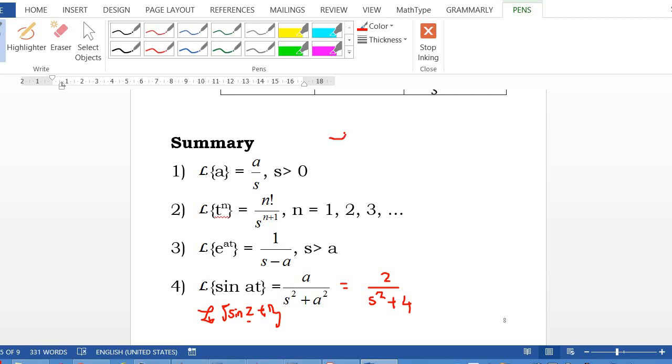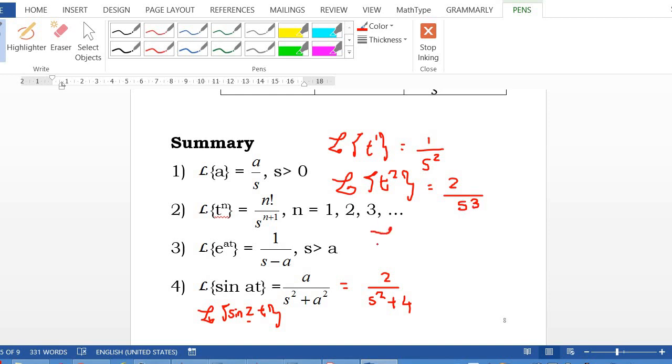So the Laplace transform for t, n is 1, so you have 1 over s to the power 1 plus 1, which is s squared. For the Laplace transform of t squared, replace n here by 2. 2 factorial is 2, so s to the power 2 plus 1, s cubed.